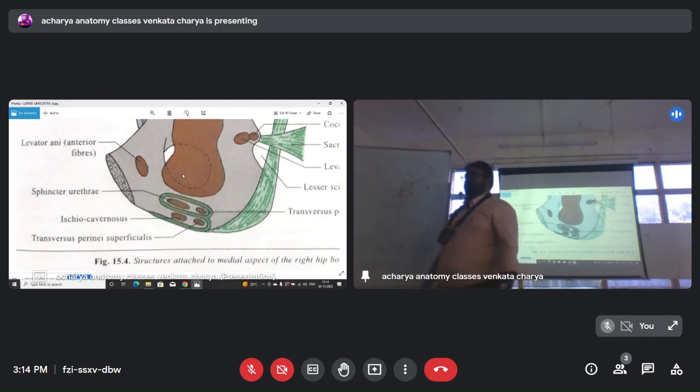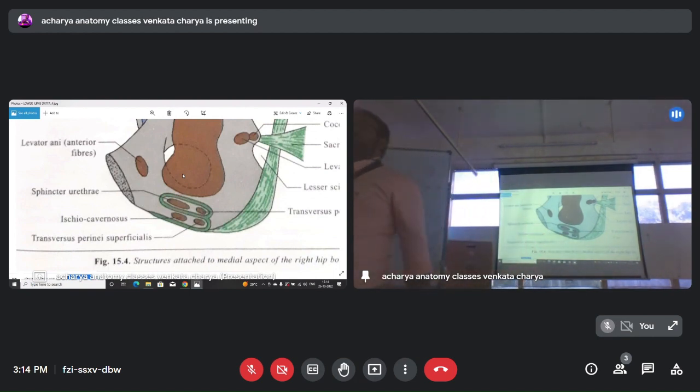The internal surface is related with the superficial perineal pouch and the deep perineal pouch.